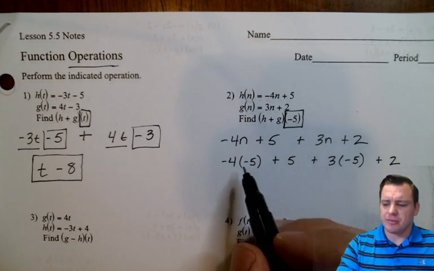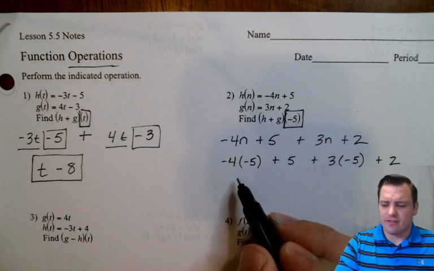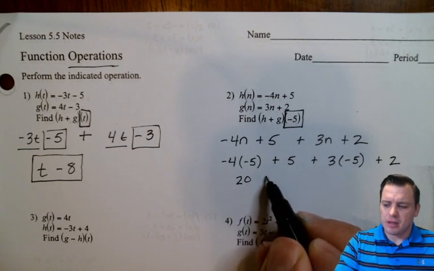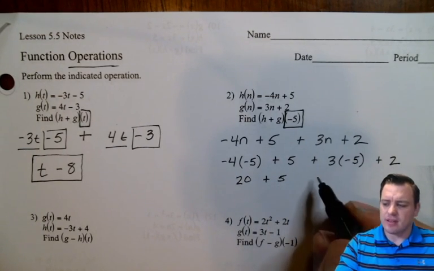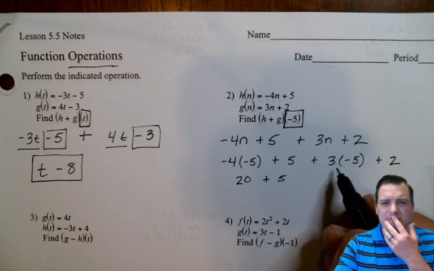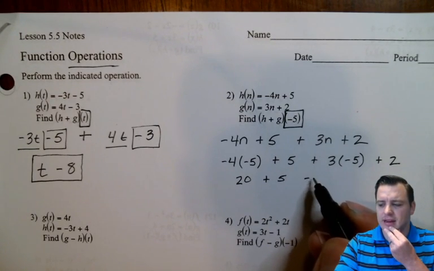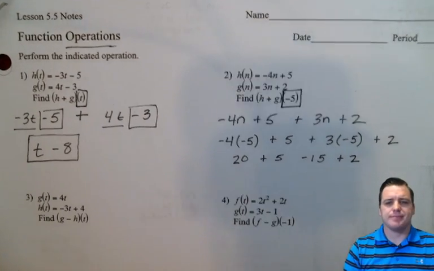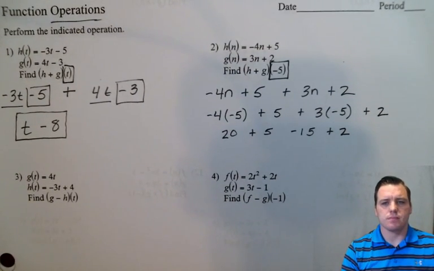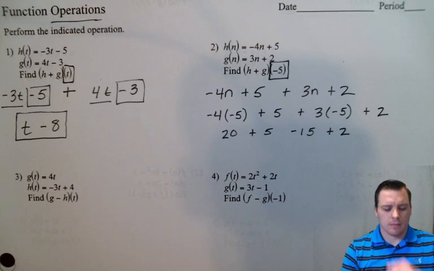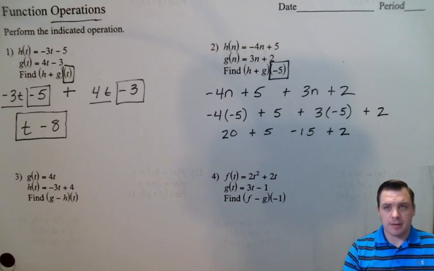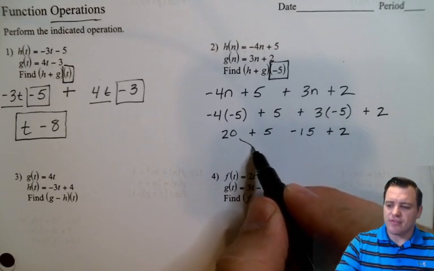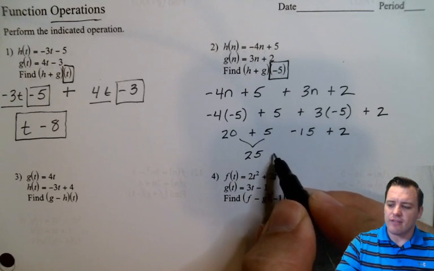Then we just do some math here. -4 times -5 is 20. 20 plus 5, and then positive 3 times -5 would be -15, and then plus 2. 20 plus 5 is 25.